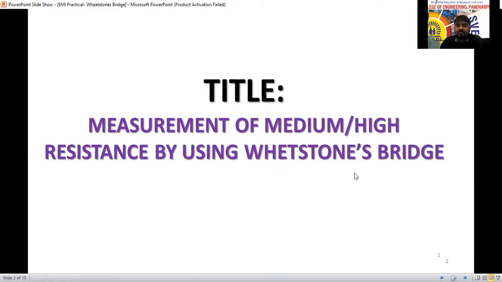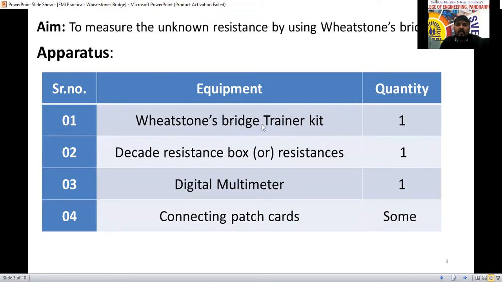The main aim of this experiment is to measure the unknown resistance using the Wheatstone's bridge. Wheatstone derived a bridge circuit to measure unknown resistance, so the name Wheatstone's bridge came. That bridge circuit is what we are going to perform in the practical.